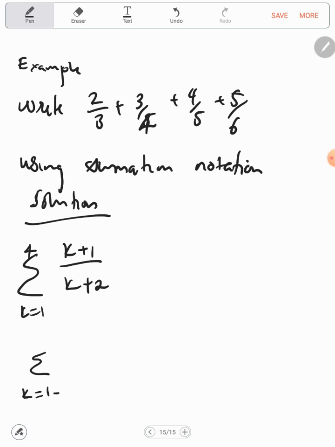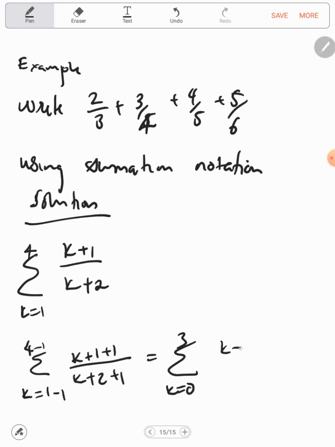You have 1 minus 1, and then there you have 4 minus 1. Then inside here, wherever there's k, you'll be adding a 1. This gives us summation, k from 0 to 3, and you have k plus 2 over k plus 3. And that is our solution.